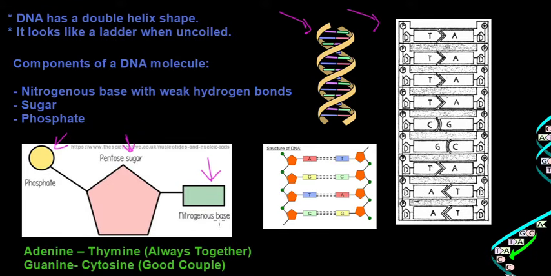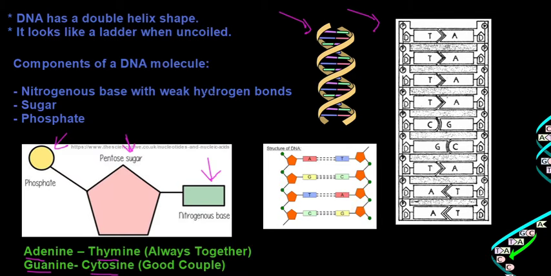And these nitrogenous bases will differ. So there are 4 nitrogenous bases associated with DNA. It is adenine, thymine, guanine, and cytosine. Now these nitrogenous bases can only bond with a certain nitrogenous base.